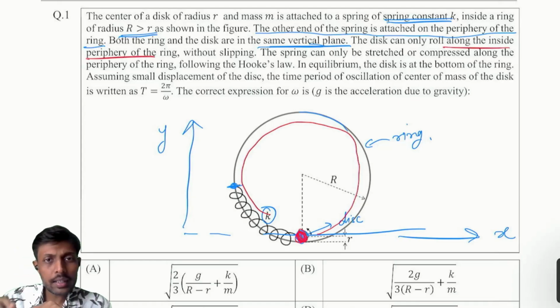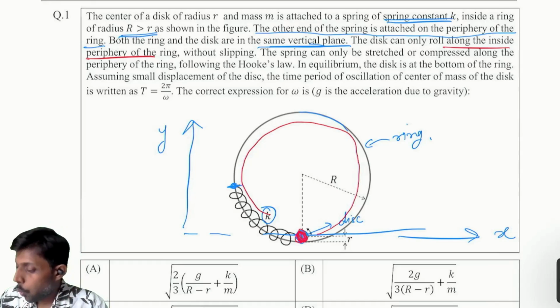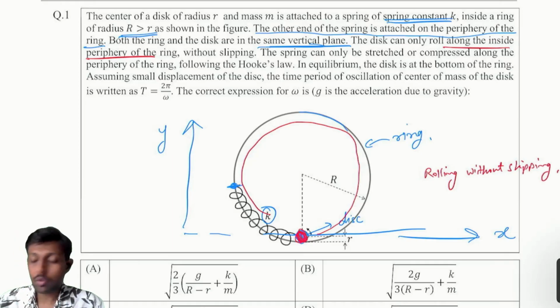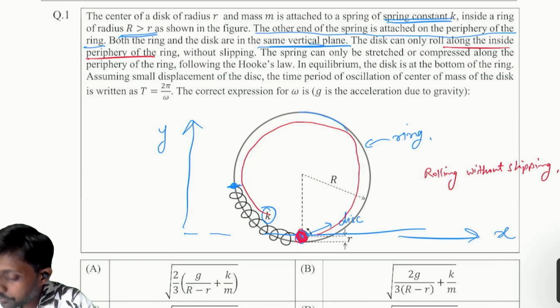And this rolling is without slipping. So one thing to keep in mind, rolling without slipping, because we'll need the conditions for perfect rolling, okay?